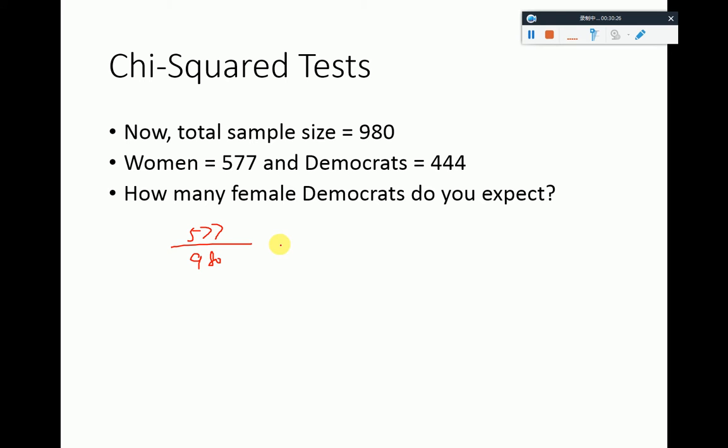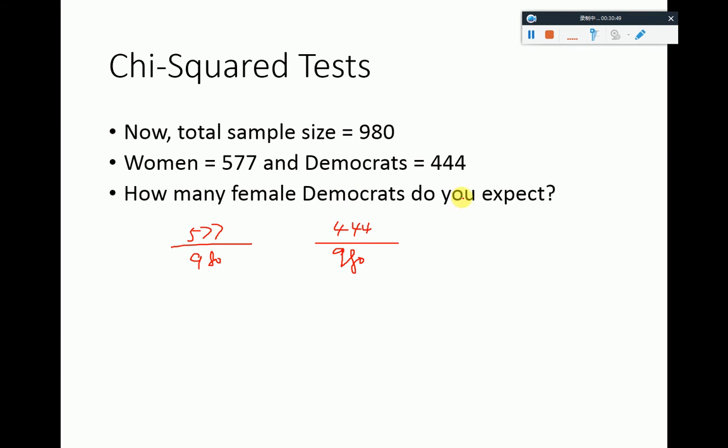Now would that make sense? And of course, we can do the same to figure out the probability of observing Democrats from the sample. There are this many Democrats in the sample, and this many people in total. So this is the probability of observing Democrats from the sample.